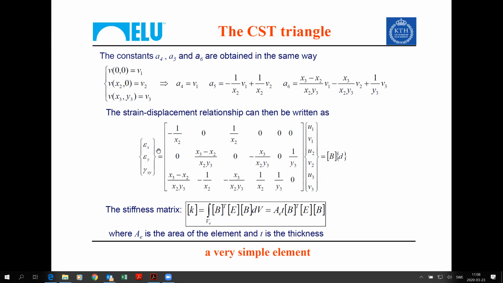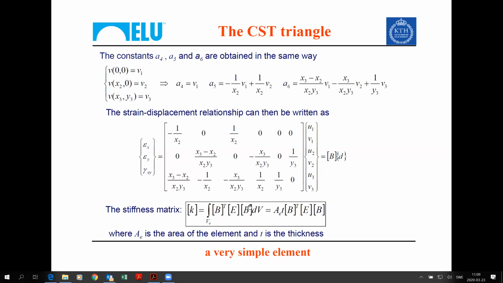Of course, these are constant because this matrix, the B matrix, is constant, simply because the interpolation of u and v is linear. So by differentiation, we get constant strains. The stiffness matrix, we've seen the generalized formula, an integral over V, B transpose times E times B dV.